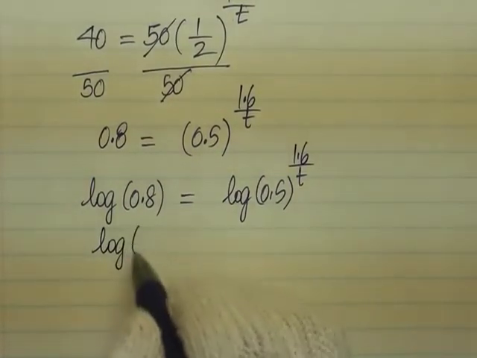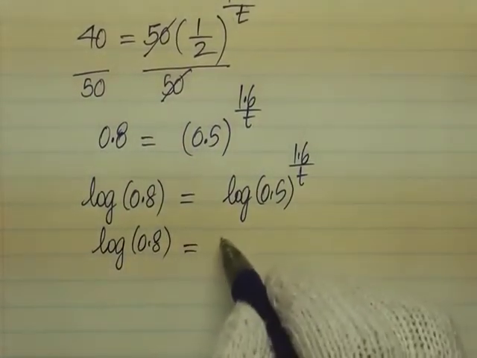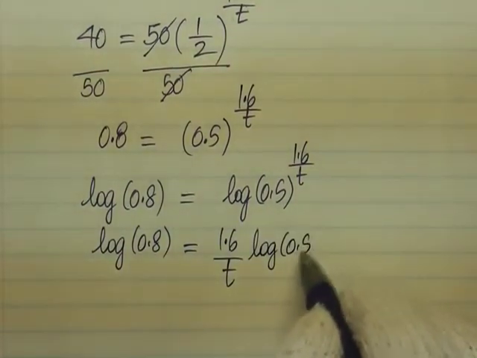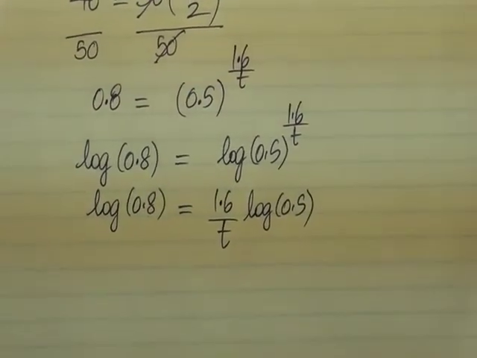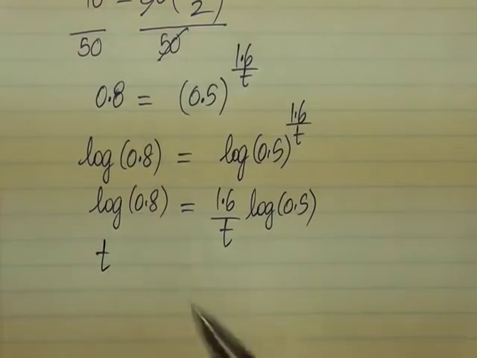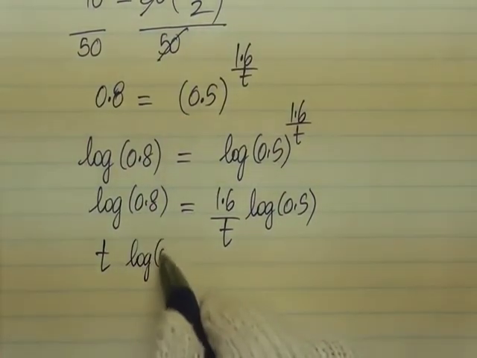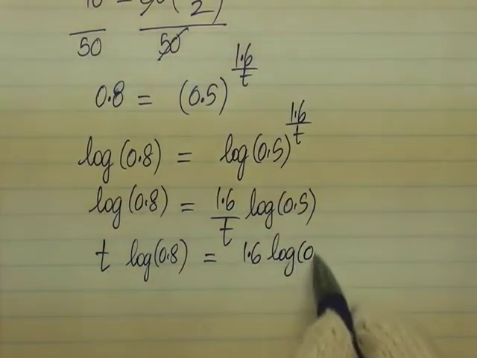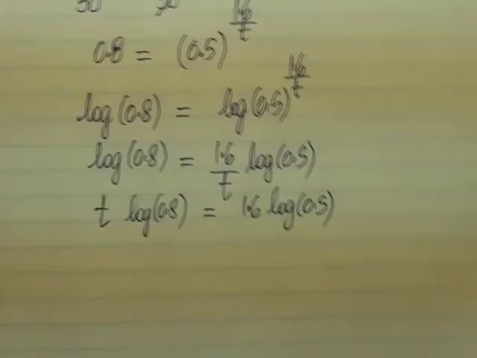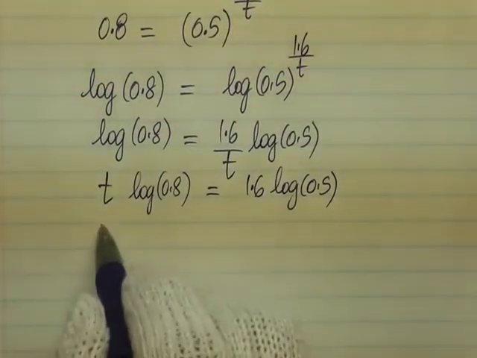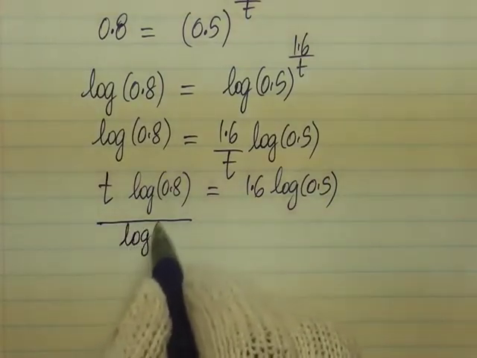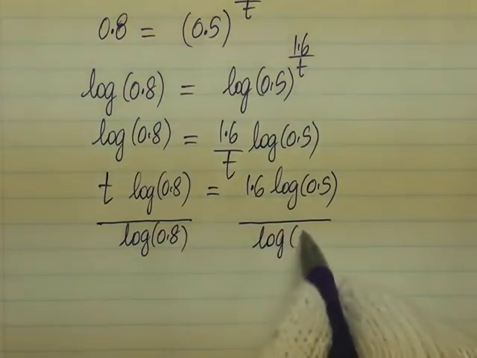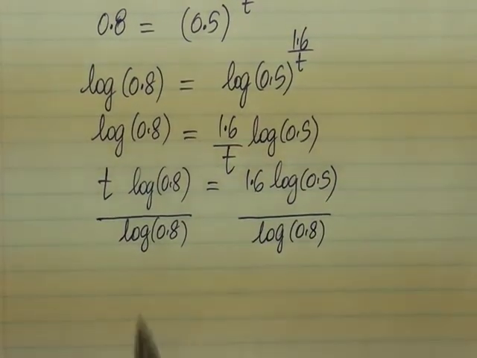So I've got log of 0.8. I'm going to do some cross multiplication. t times log of 0.8 equals 1.6 times log of 0.5. Divide both sides by log of 0.8. This isolates t for me.